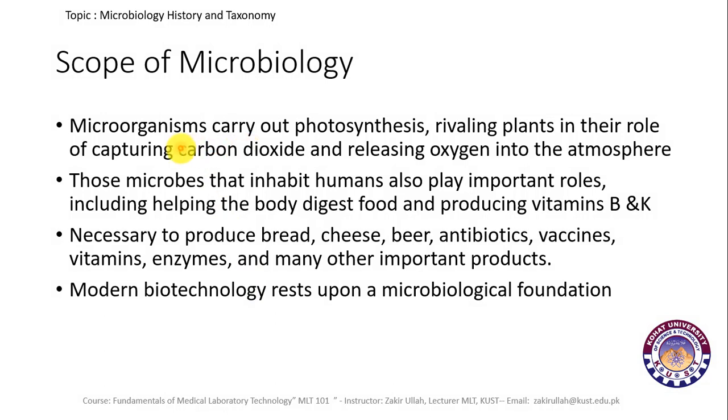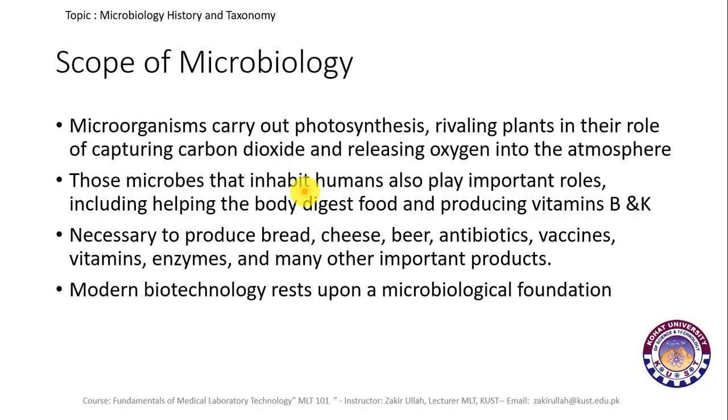The microorganisms also carry out photosynthesis, so they rival the plants in their role of capturing carbon dioxide, and they release oxygen into the atmosphere. Certain microbes inhabit humans and make up a major part of the normal flora.